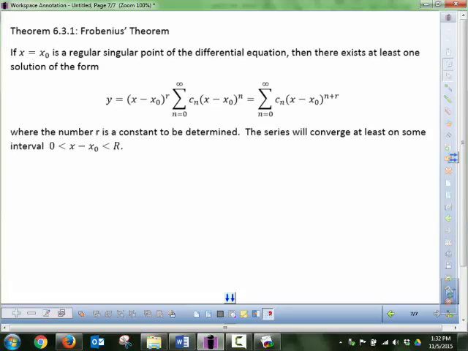And once we set up that series, then the series will converge on at least some interval with some sort of radius of convergence. It probably won't converge exactly at that x naught point, because we know that was an issue already, but it should converge for points around it.